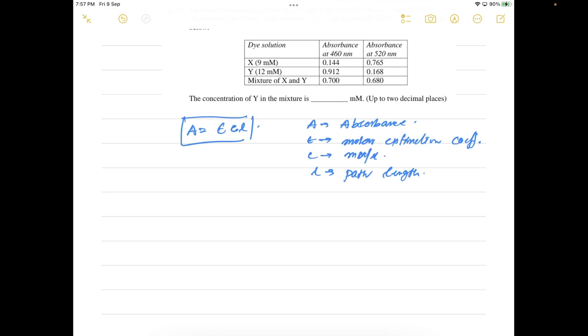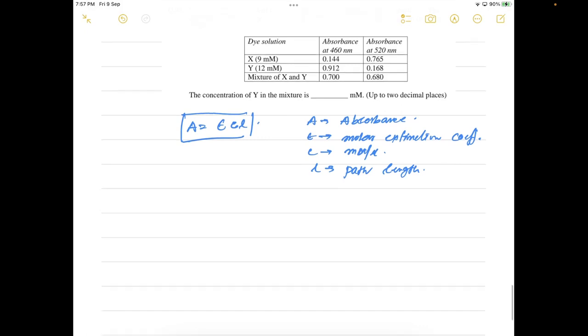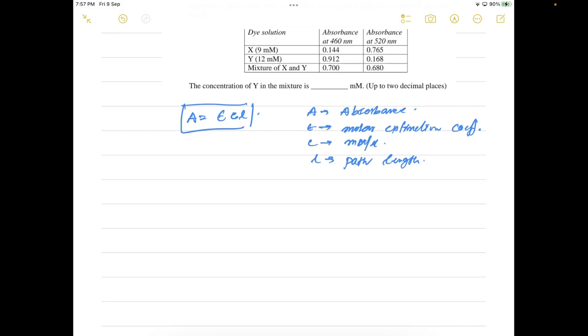For dye solution X, the concentration is 9 millimolar, and the absorbance at 460 is 0.144 and at 520 is 0.765. Let's say 460 is 1 and 520 is 2.